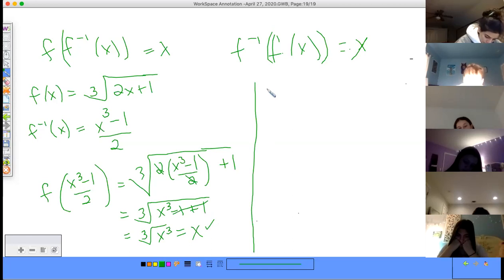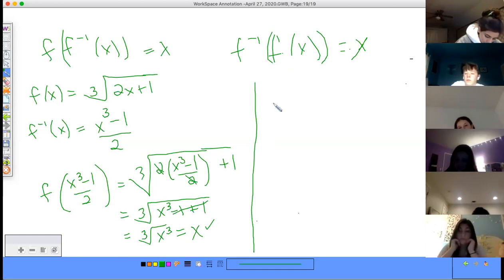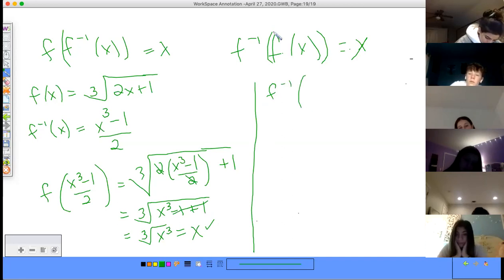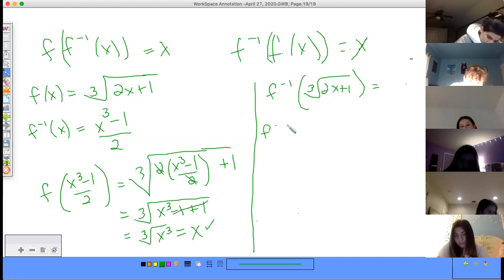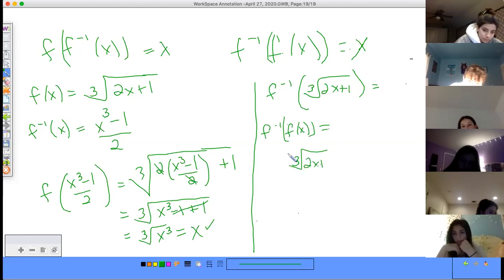Now, if we go the other way, and we want to do f inverse of f of x, this time we're going to do the cube root of 2x plus 1. We're going to substitute this in for x in the inverse function. So everywhere I see an x over here, I'm substituting this monster in. So f inverse of x is going to be equal to the cube root of 2x plus 1, that whole thing cubed, because that was the x cubed minus 1 all over 2.